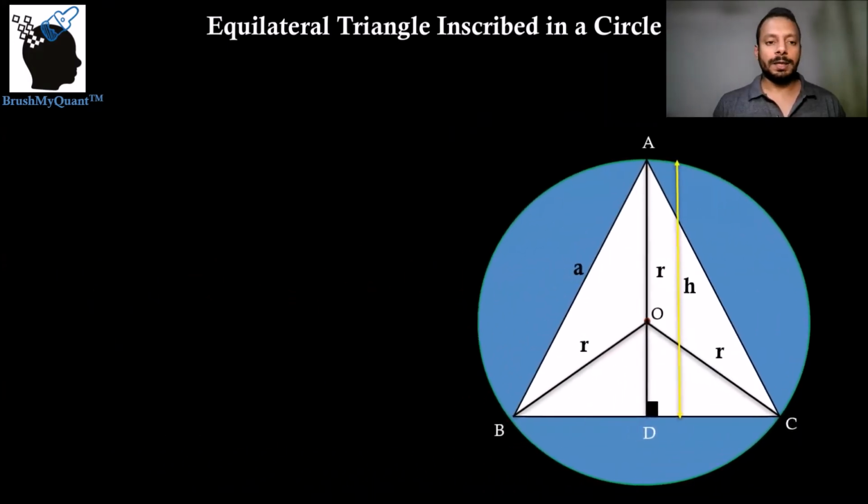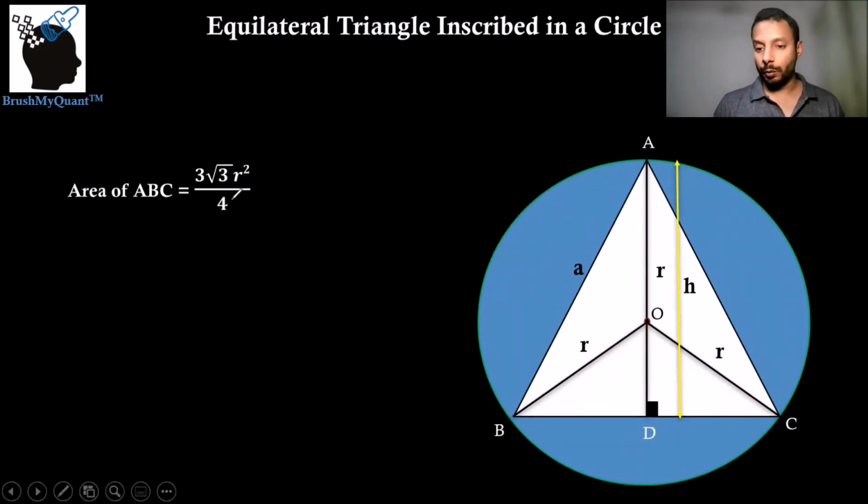Now let's look at other properties. So area of triangle ABC is equal to 3 root 3R square by 4. Now, how do we find the area of ABC? There are multiple ways to do it. The simplest way is using the area of an equilateral triangle, which is root 3 by 4 A square, where we already know that the value of A is equal to BC, which is root 3R.